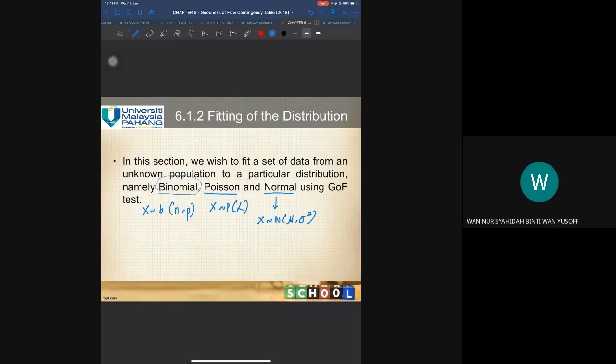But we already decided that it is not for the engineering students, so we already provide you with the probability. So you have to calculate the expected frequency. To calculate the chi-square, the first step is to calculate the expected frequency with the given probability. No need to find your probability.